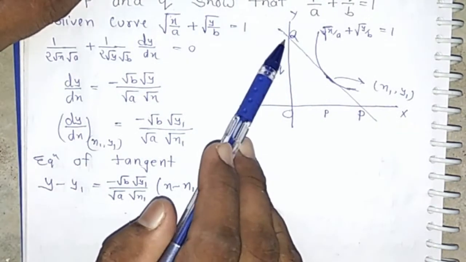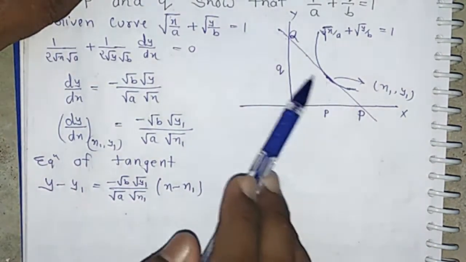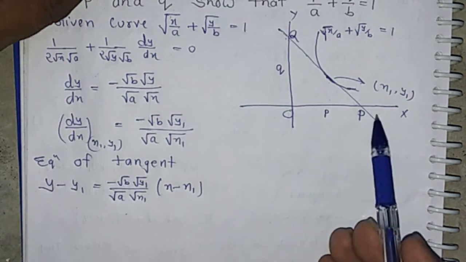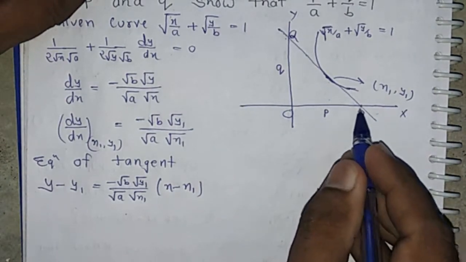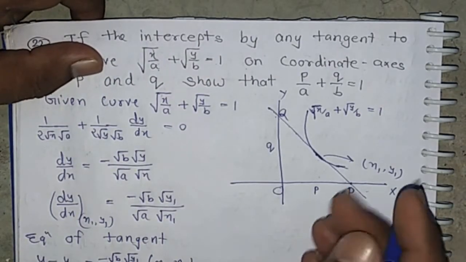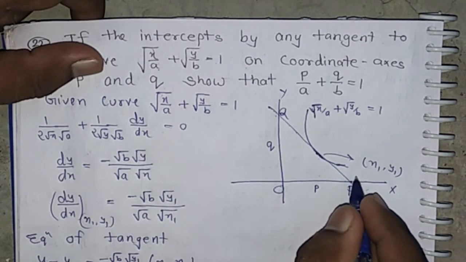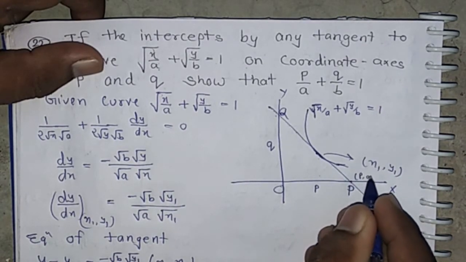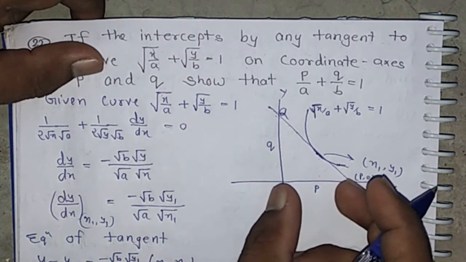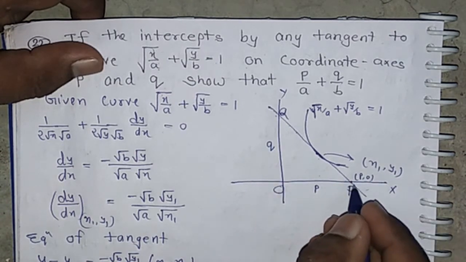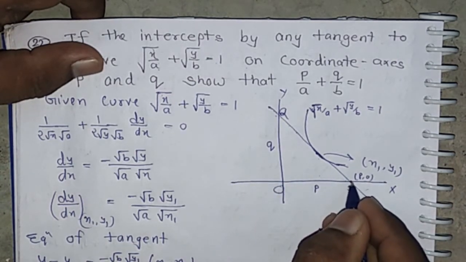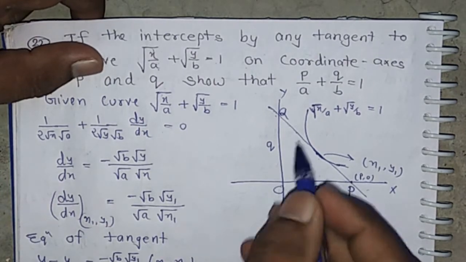When the tangent cuts the x-axis, this point is small p comma 0, because the intercept on the x-axis is p and the value of y at this point is 0.